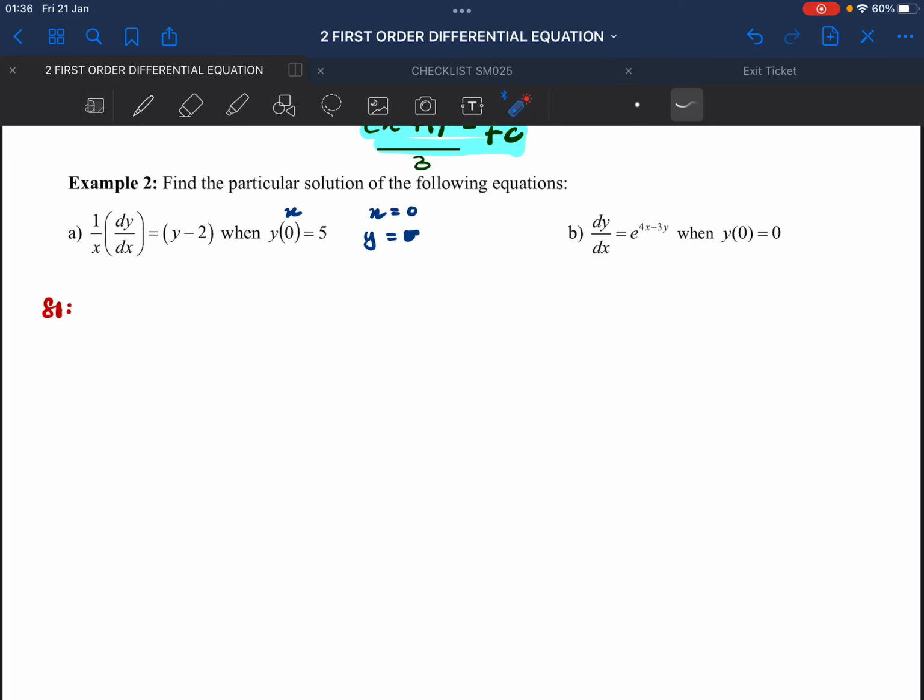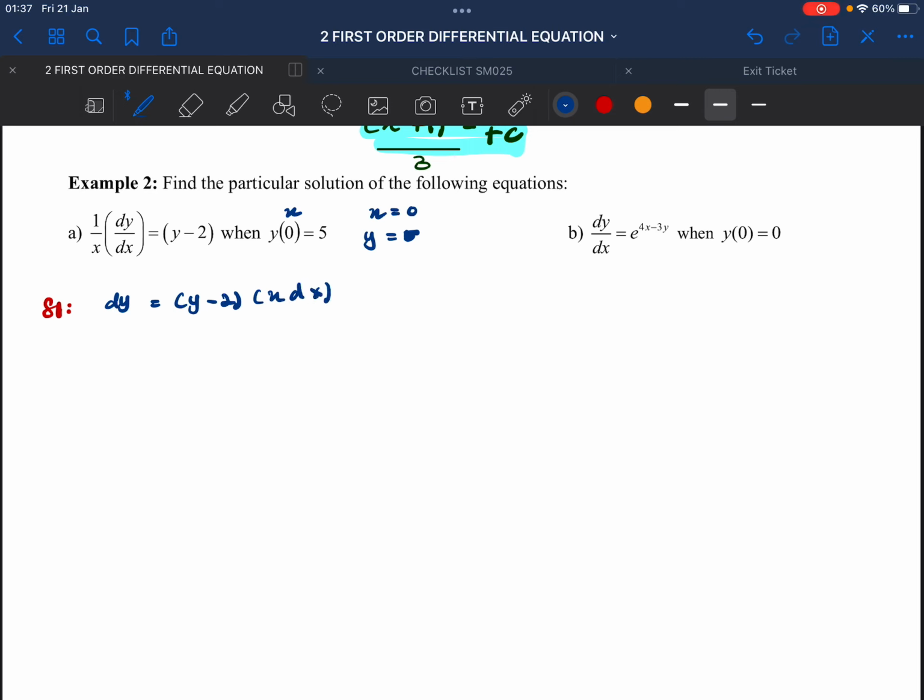Very simple, just move the denominator to the right hand side. That means we will have dy equals to (y minus 2) x dx.